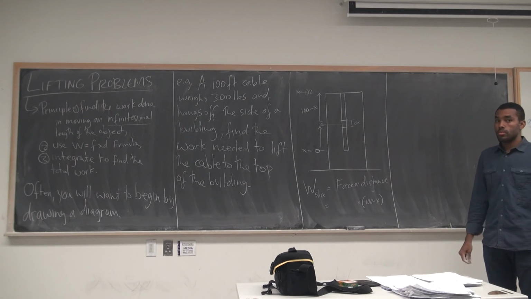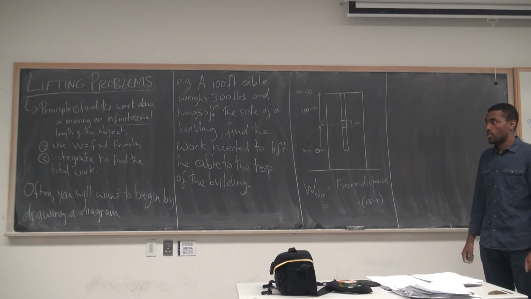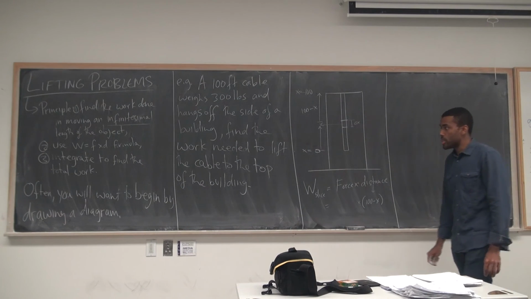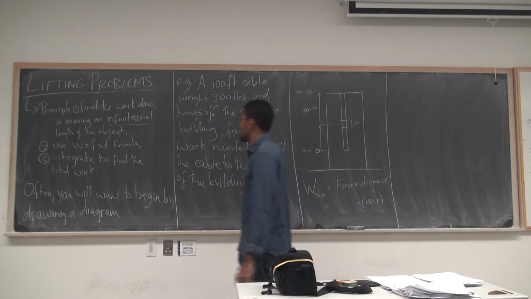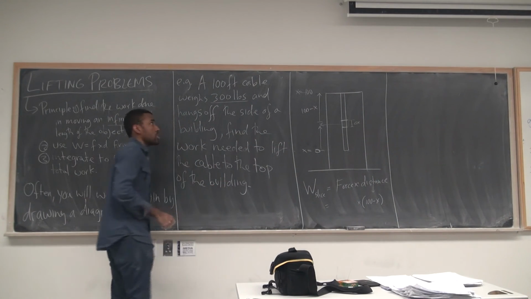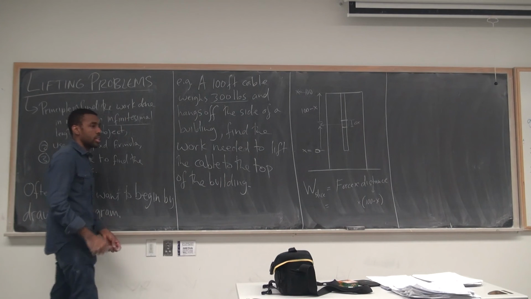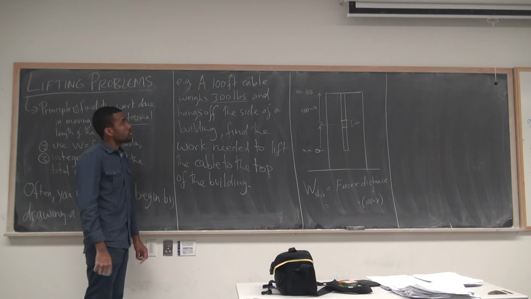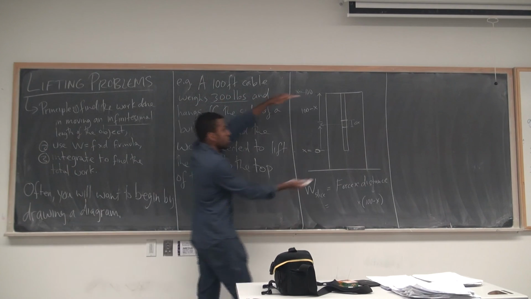What is the force going to be? Let's look at force. What in my question is telling me about force? The 300 pounds is my force. Now, how do I apply that here? It's only a part of it. The whole thing weighs 300 pounds.